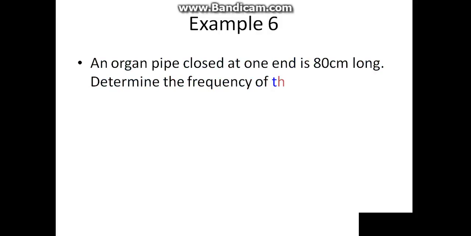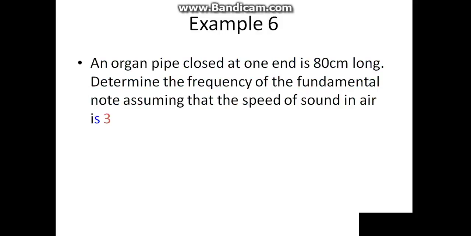Example 6. An organ pipe closed at one end is 80 cm long. Determine the frequency of the fundamental note, assuming that the speed of sound in air is 340 meters per second. Solution.